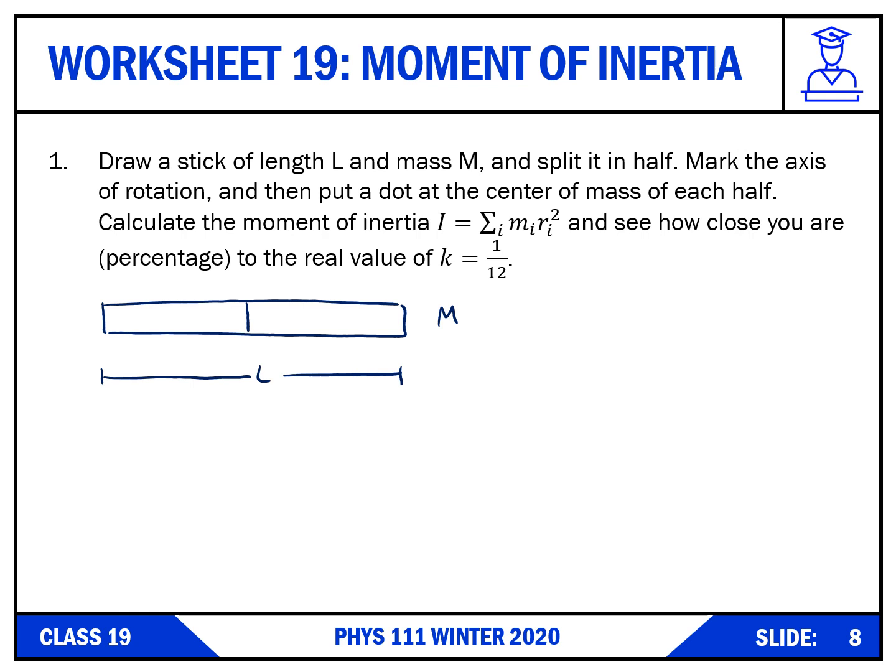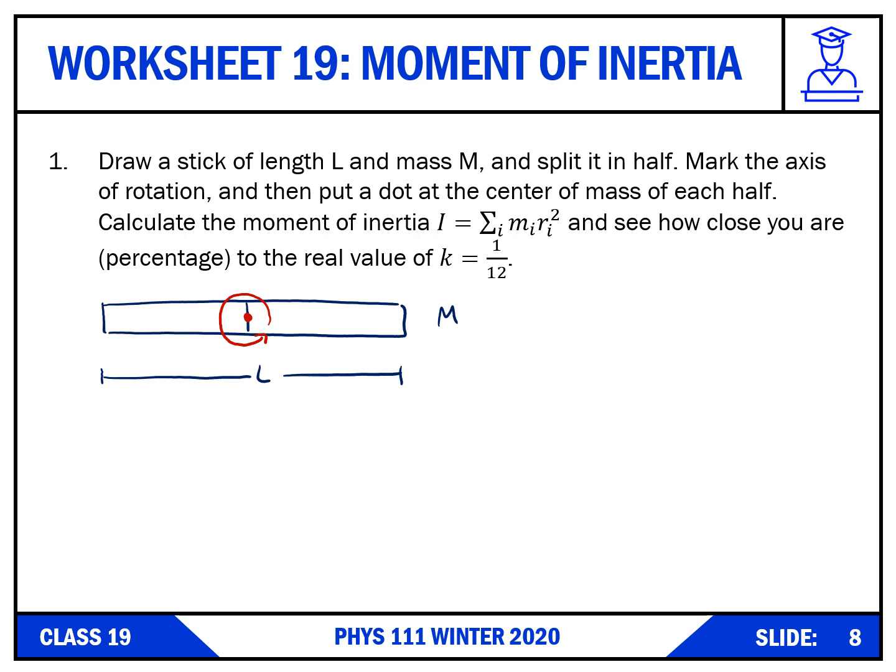Just remember, we can't forget about the axis of rotation, so let's draw this in red, and we can assume that it's rotating around that center axis. Afterwards, we have to take a look at each segment individually, and we also have to put a dot at the center of mass of each half.